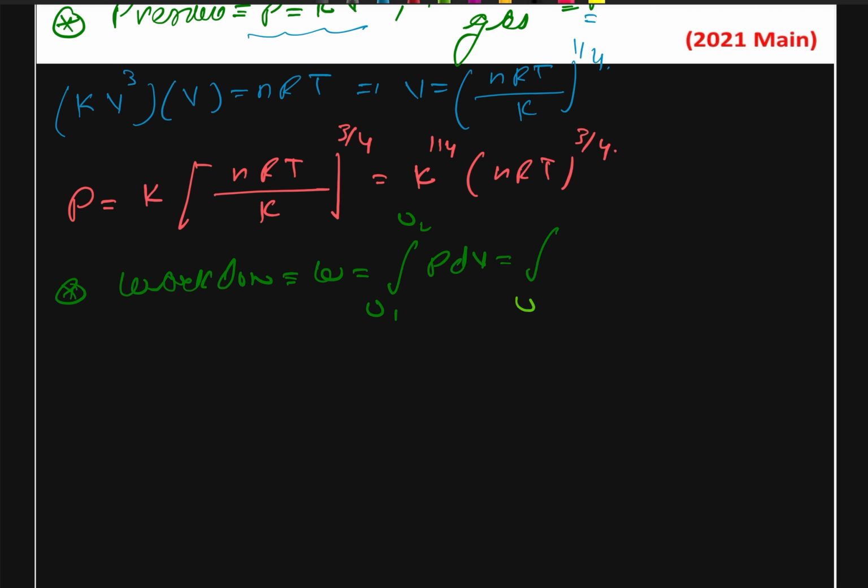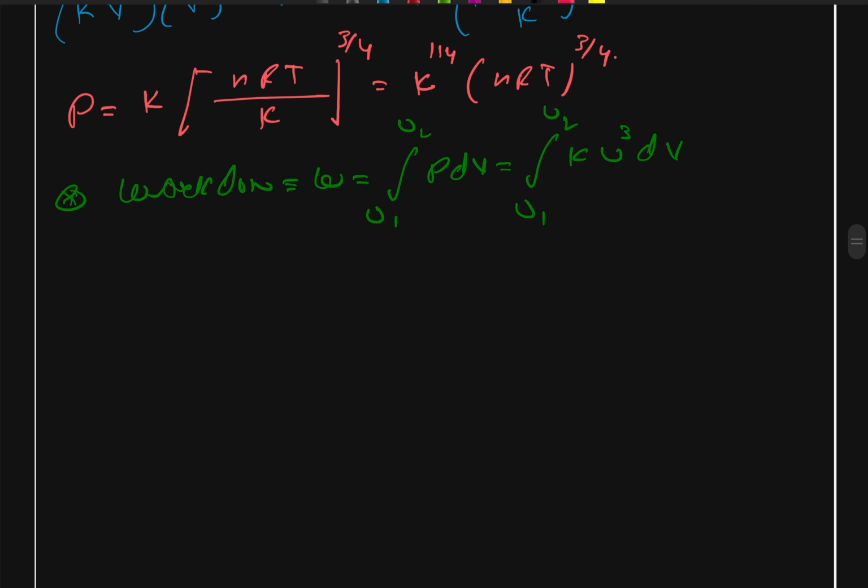So this gets V1 to V2, K times V cube dV, and so we get this as K/4, we can take as common, times V2 to the power 4 minus V1 to the power 4.